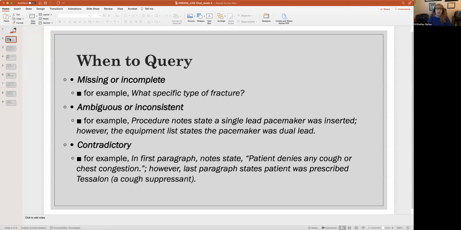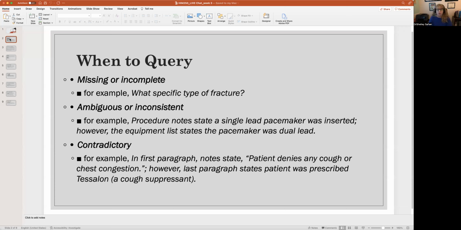The last general situation where you would have to query is contradictory information. So the notes, for example, in the first paragraph say the patient denies any cough or chest congestion. However, the last paragraph states the patient was prescribed Tessalon, which is a cough suppressant. If the patient doesn't have a cough, why would you prescribe that?